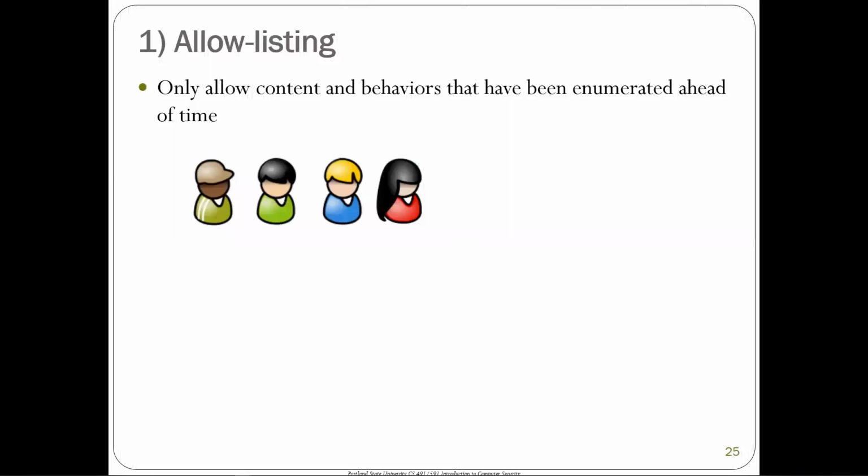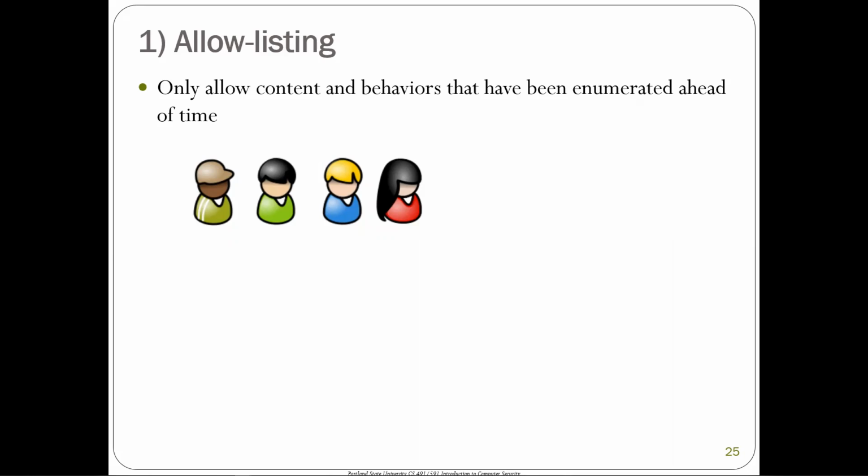So the easiest thing to do is something called allow listing. If you're on a system and that system has a very restricted set of programs that are legitimately used to run, then you should create this allow list, and anything that is not on that allow list, you block. So this is the example.